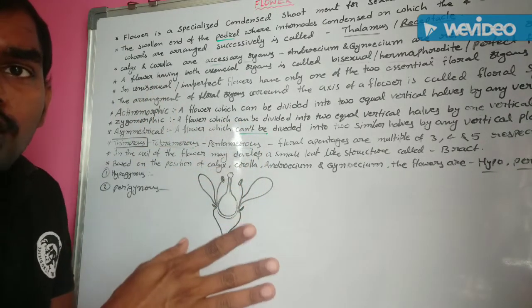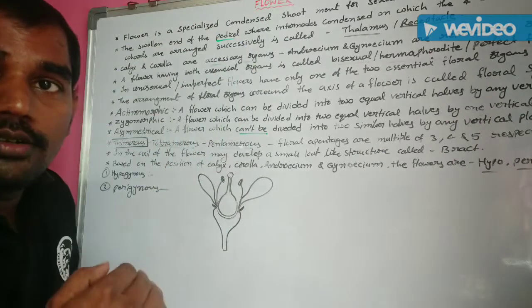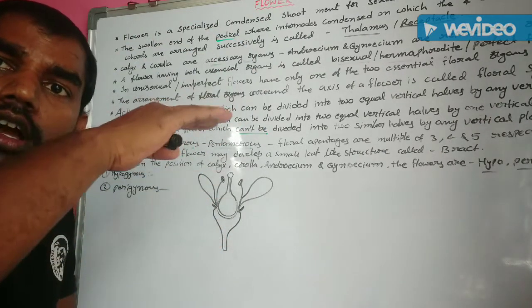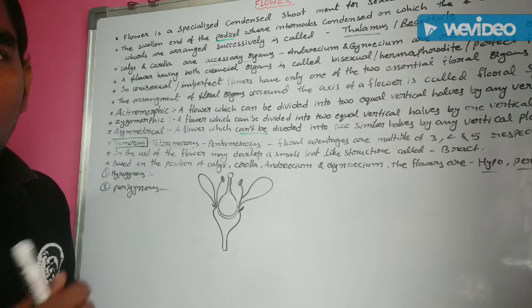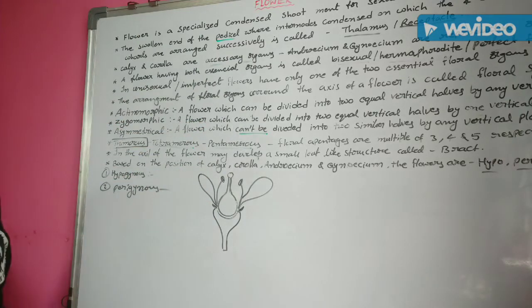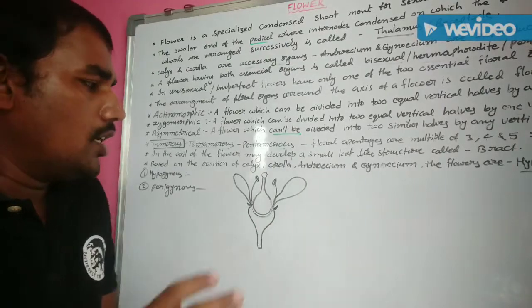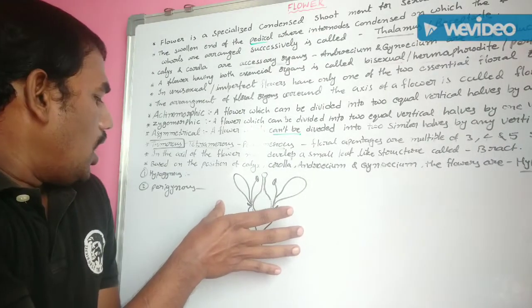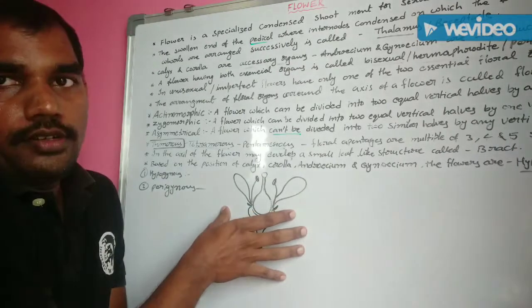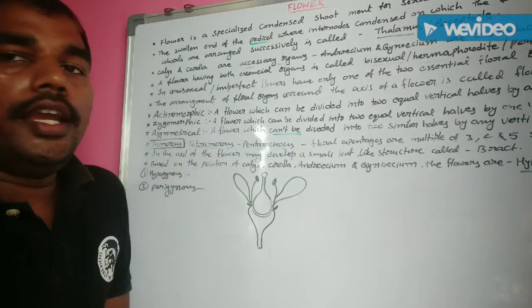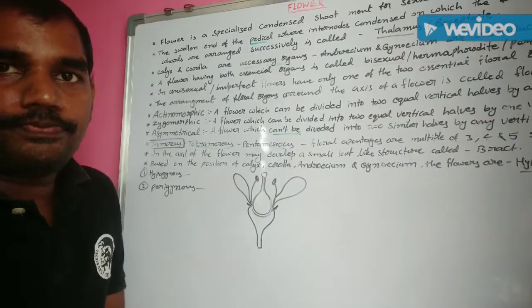But in hypogynous flower, the ovary is superior. In perigynous flower, the ovary is of superior or inferior type. Examples: rosa, peach and also plum. These are perigynous flowers based on the position of calyx, corolla, gynoecium and androecium.